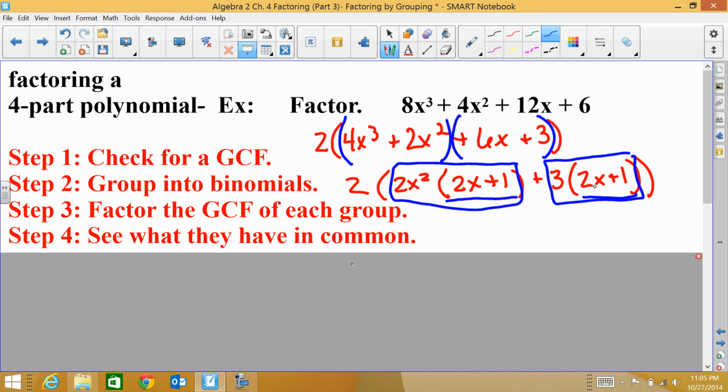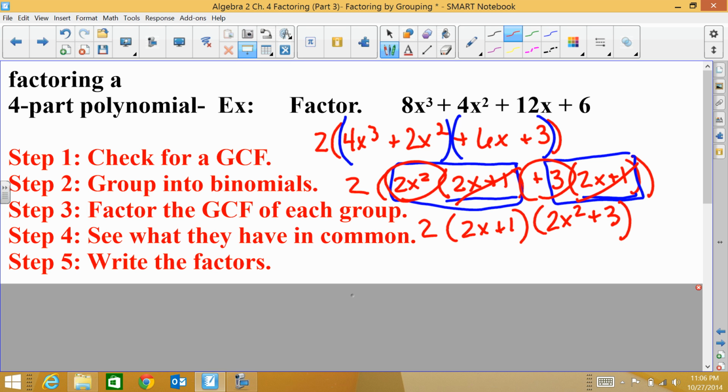Well, they both have 2x plus 1. So that counts as a common factor. So what I would do from here, I'm going to leave that 2 from the very front. And then if I take out the greatest common factor, 2x plus 1, from each one, then I have left over 2x squared plus 3. So this would be my final answer. These would be all of my factors.